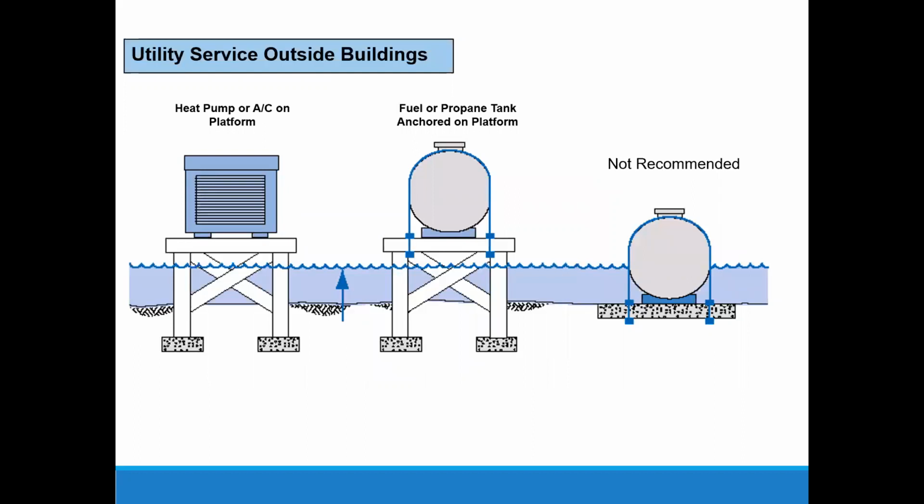And again, we have talked a bit about utility systems. The middle one is elevated and anchored. The one on the left is elevated, but it's not anchored. And then the one on the right, so these are some kind of fuel tank or propane tank considered utility, is not elevated, but it is anchored.